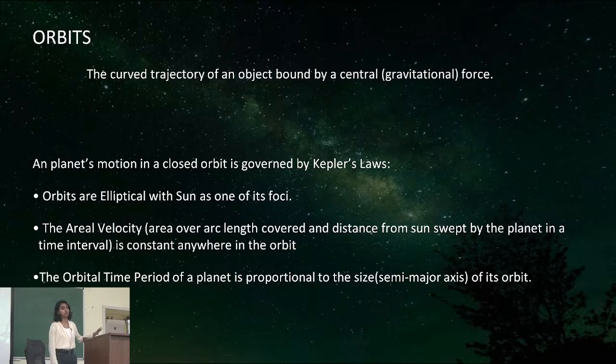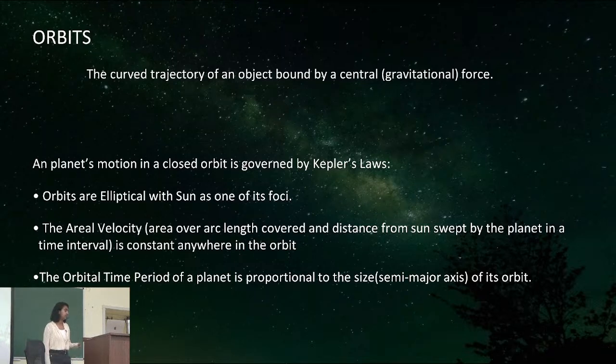Kepler, just using observational data, sat and looked at this and came up with three revolutionary laws that changed physics. Kepler, however, only referred to closed orbits, and only those of planets around the sun. Kepler claimed that all orbits are elliptical and the sun is one of the foci of the ellipse.